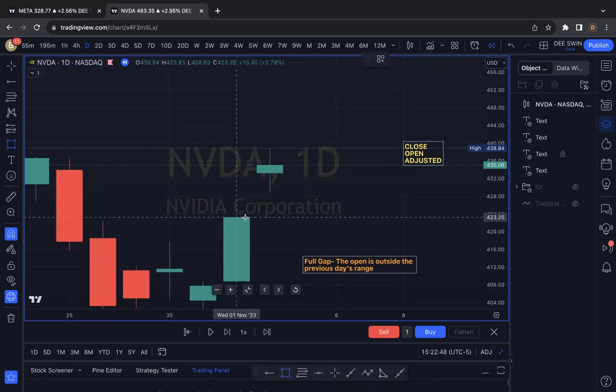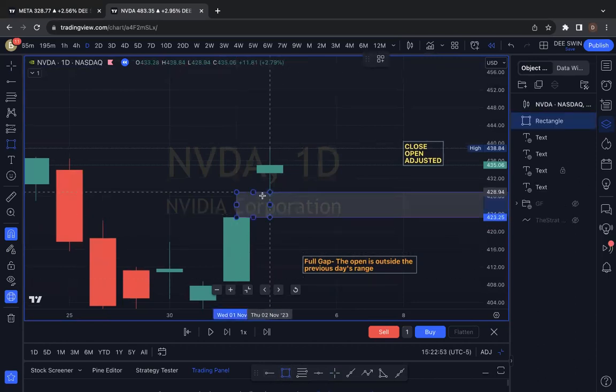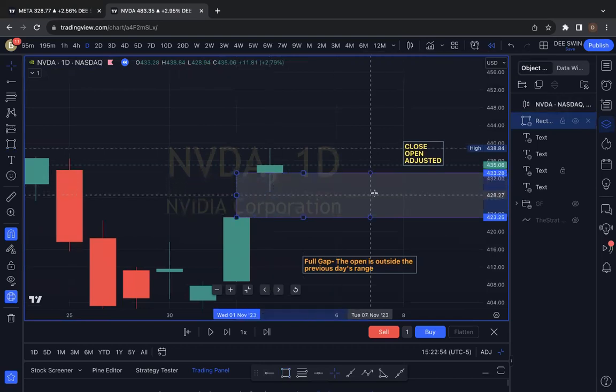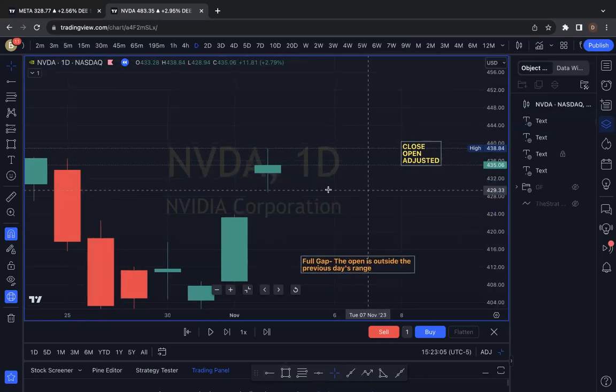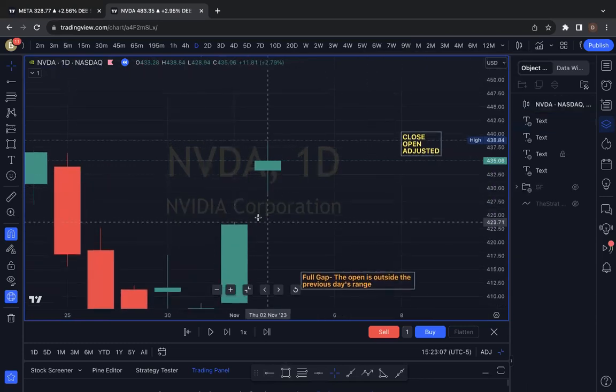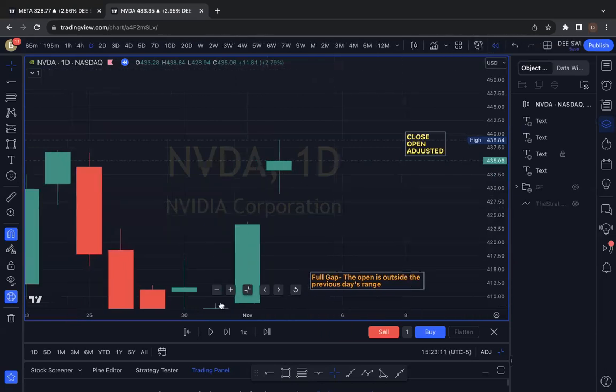So what I want to do is show you how this looks so you can see it the next day. You can see it in real time and you can understand a little more the reason I draw the gaps that way. Okay, so let's use the replay tool.